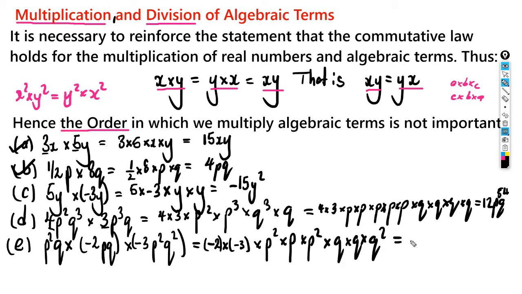And we should end up with 6p to the 5 and q, there are 4 q's there, q to the 4. So that's pretty simple.